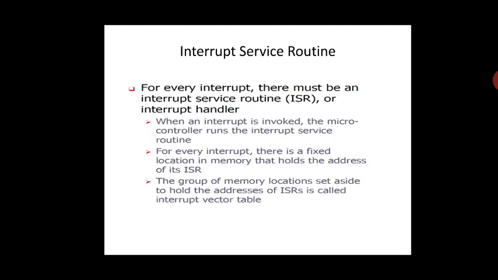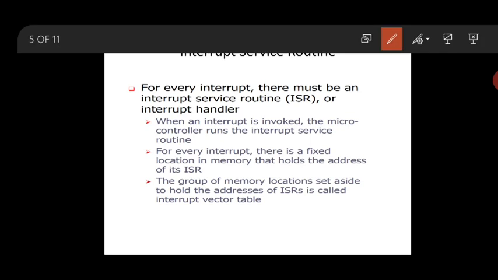Now, as we have discussed on the interrupt service routine, how the steps of operation will be performed. For every interrupt, there must be an interrupt service routine. If this is my 8051 microcontroller, and this is my device D1, device D2.